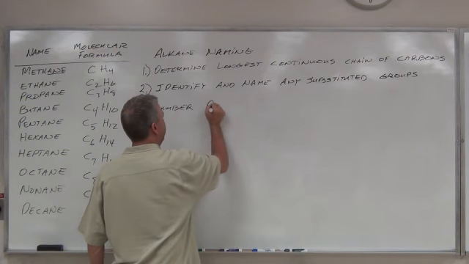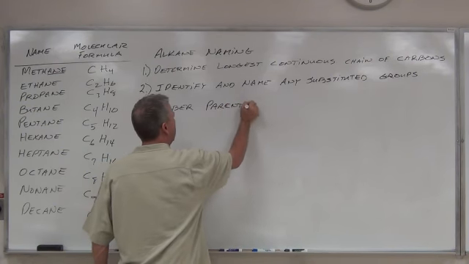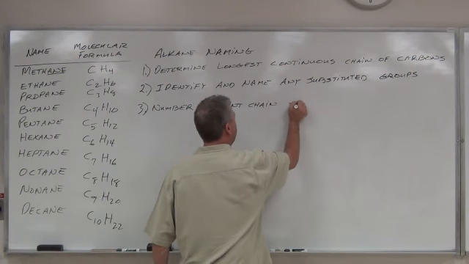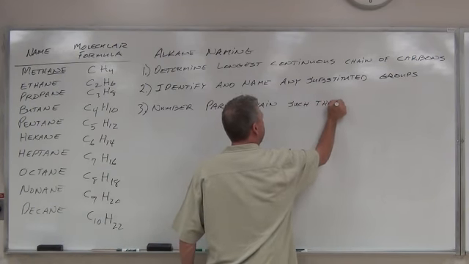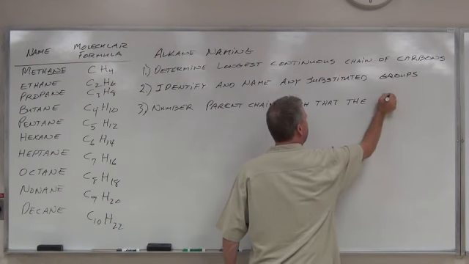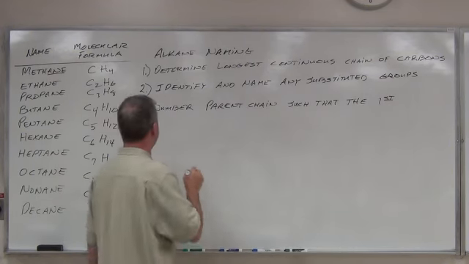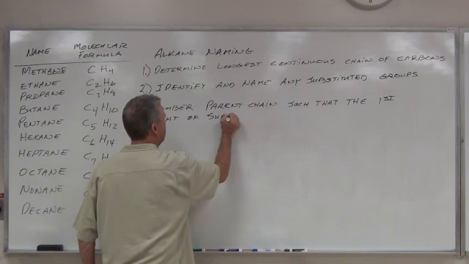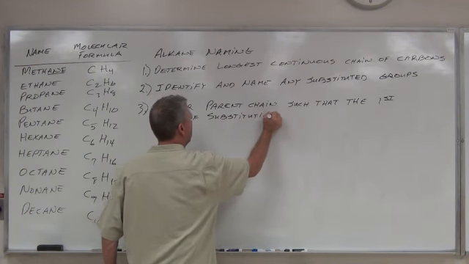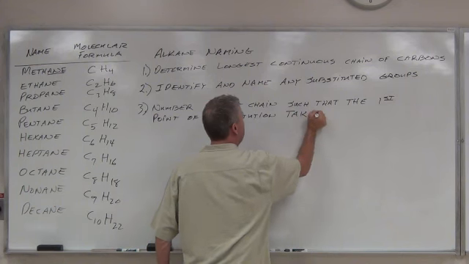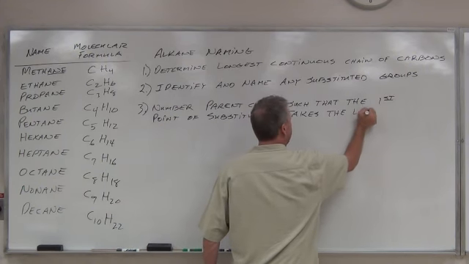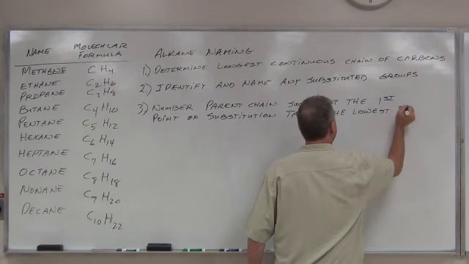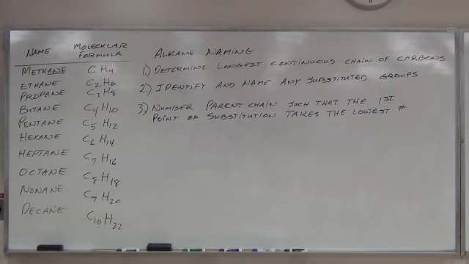We're going to number the parent chain such that the first point of substitution takes the lowest number. You'll see from an example.